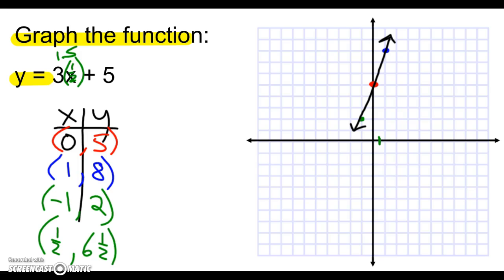So over 1/2, up 6.5: 1, 2, 3, 4, 5, 6. And there you go. That point is pretty close to being on that line. Obviously, I have a little bit of error with what I draw. I can't draw a straight line freehand, but you can. I'm just showing you that there are more points on this thing than we actually graph. So there's more than 3 points. There are an infinite amount of points.